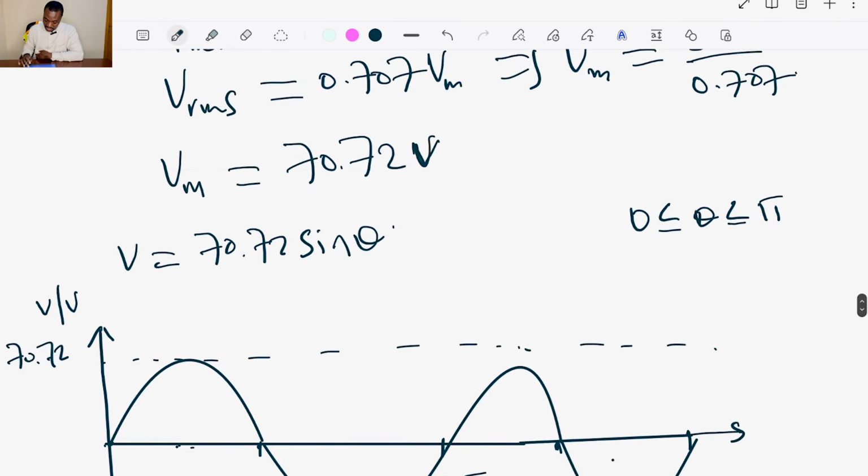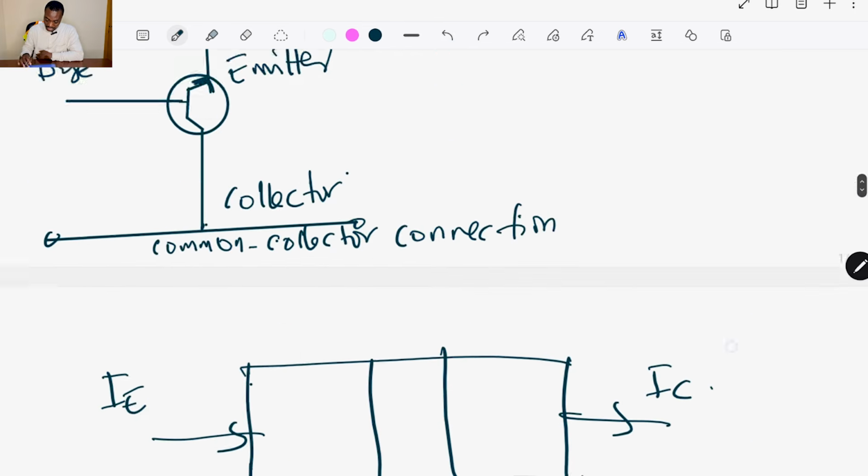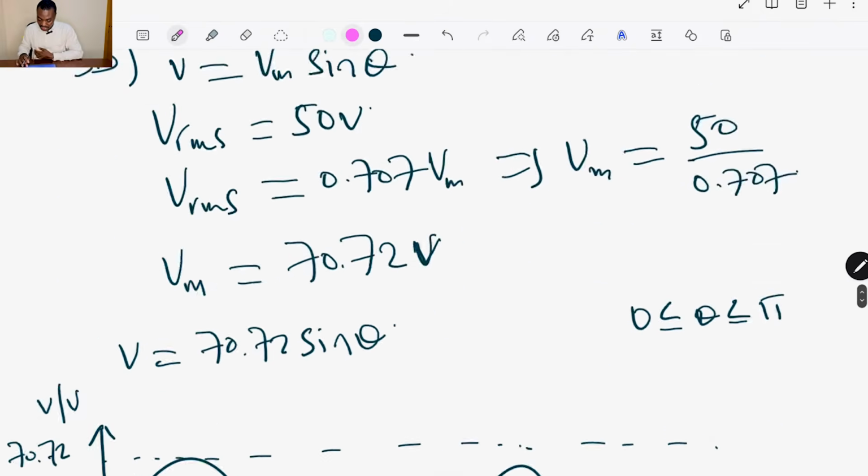So we just have something of this nature. Based on Ohm's law, the current passing through the resistor, which we call the forward current, is IF.